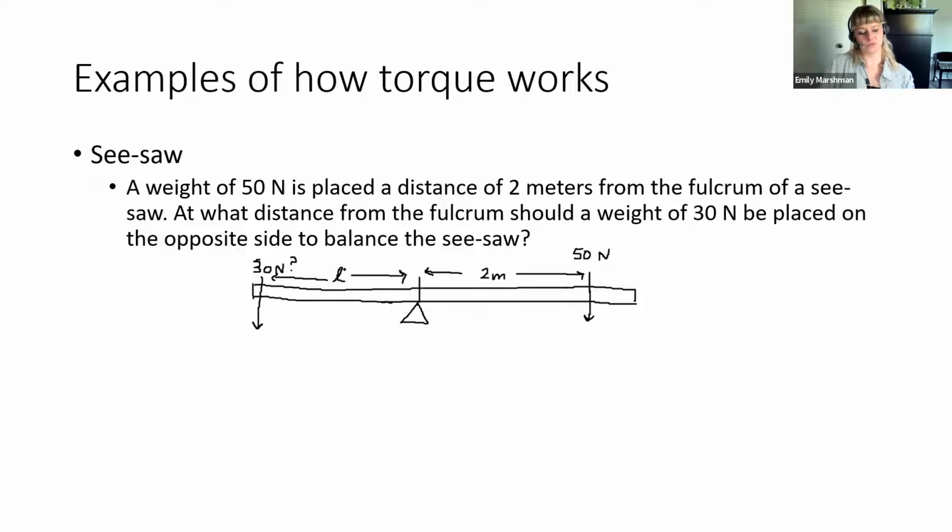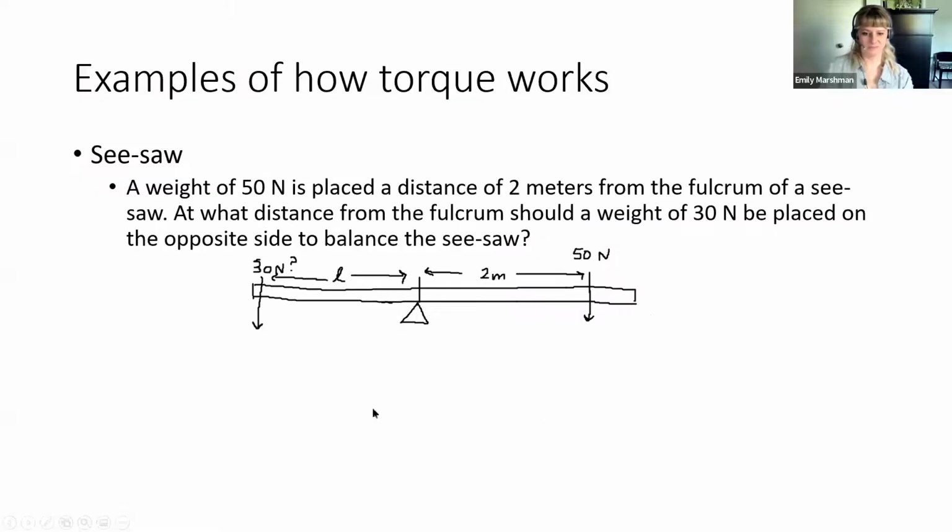So we're going to apply Newton's second law here. And in this case, since the seesaw is completely balanced, there's no angular velocity, there's no angular acceleration here.